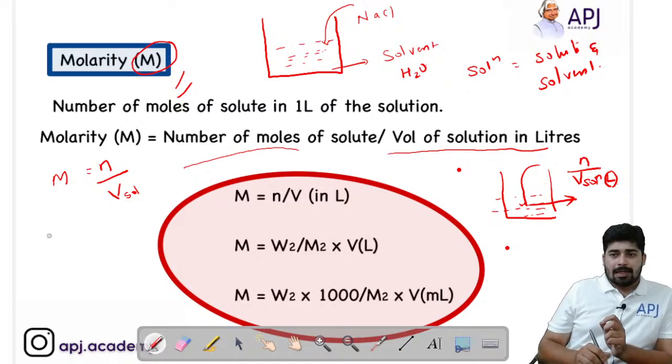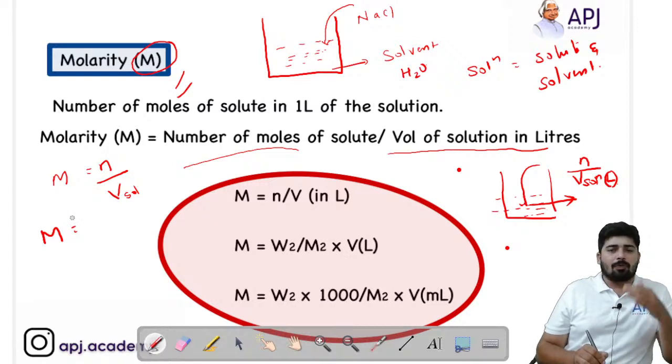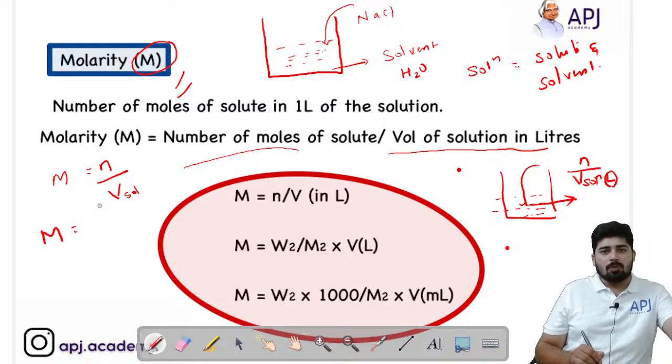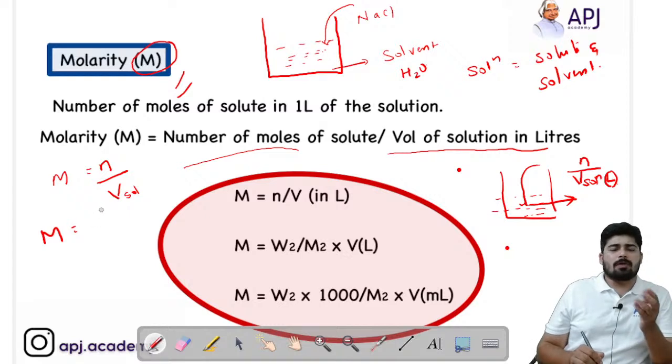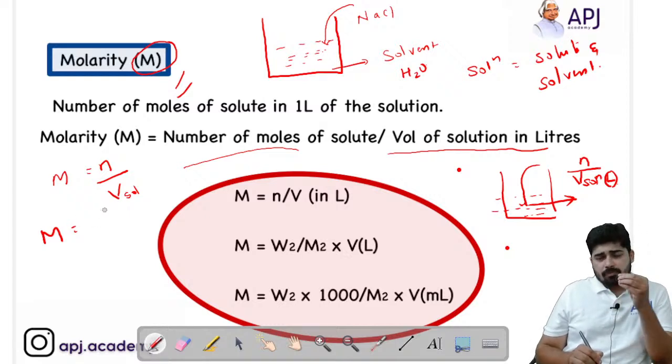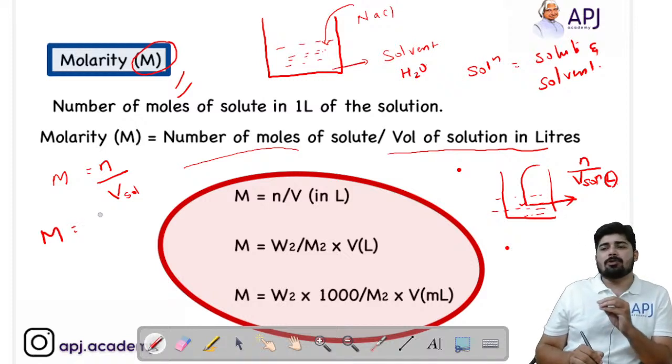Next, you can convert this number of moles of solute into weight by molar mass, which we have studied in the previous class, right? Number of moles is equal to weight divided by molar mass. For solute, we generally use the number 2, and for solvent we generally use the number 1.